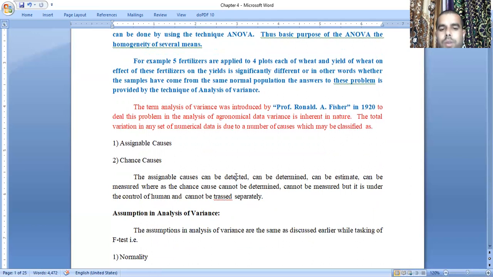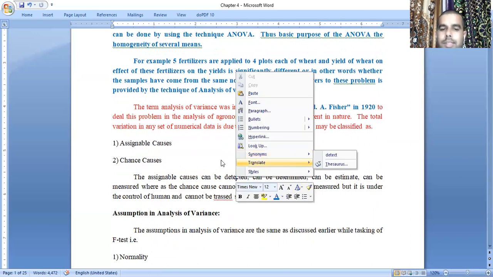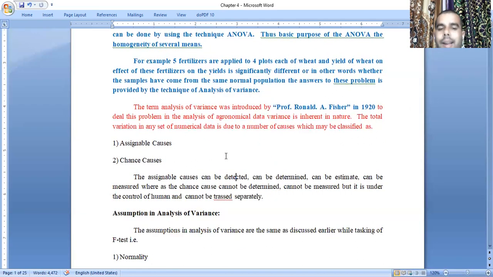Detected means to know the exact value or the variable, the exact result also, and we need to determine it. After determination we are going to take the decision, then immediately we can estimate. But in the case of chance causes, they cannot be determined, cannot be measured, but are under the control of human and cannot be traced separately.